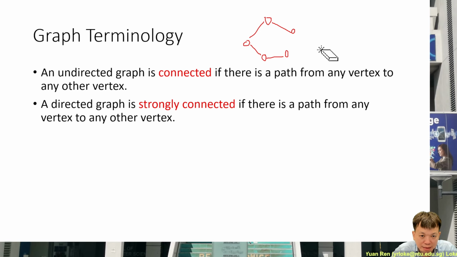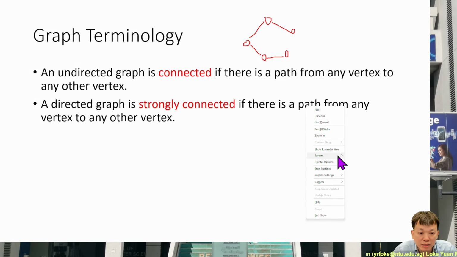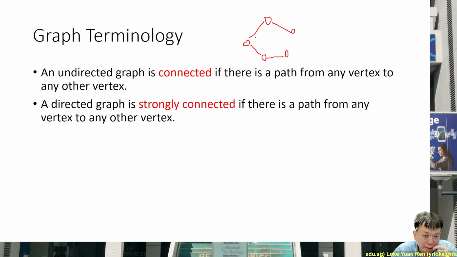In this case, this undirected graph is connected. You need to check every vertex and make sure you are always able to find a path from this vertex to any other vertex. All the cases you need to check. So this one is true.